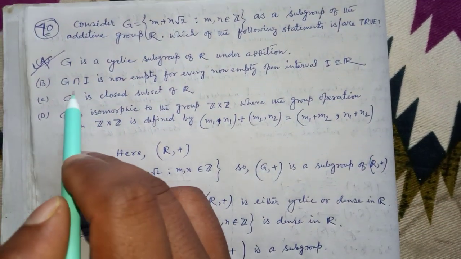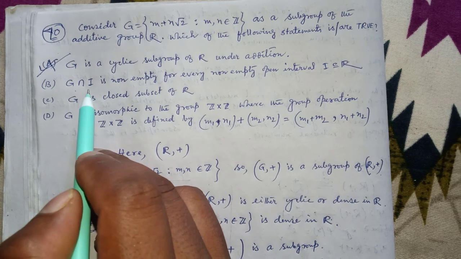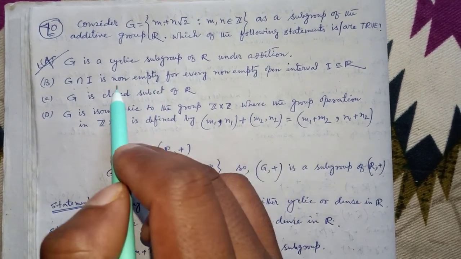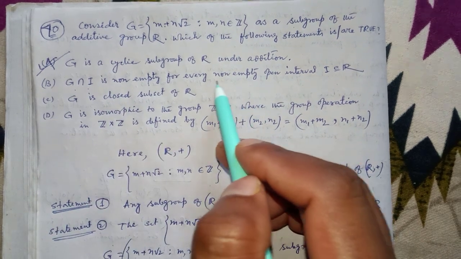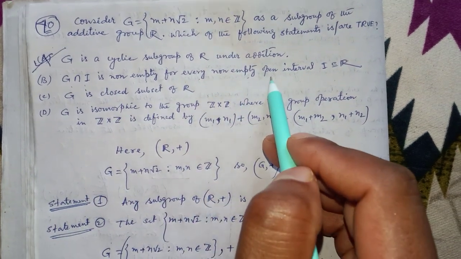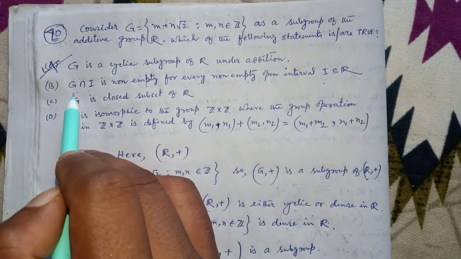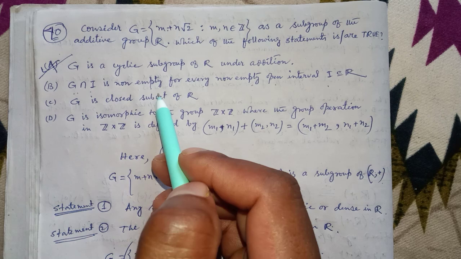In option B, G intersection I is non-empty means that for every non-empty open interval I, the intersection with the set G is non-empty.